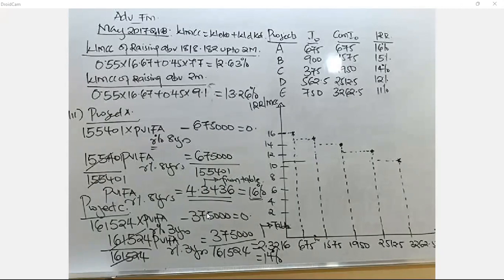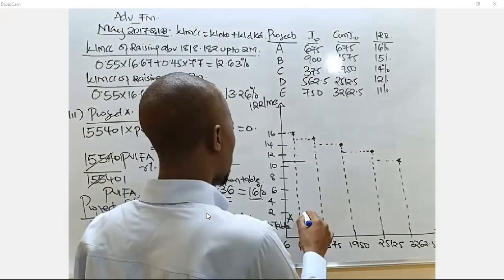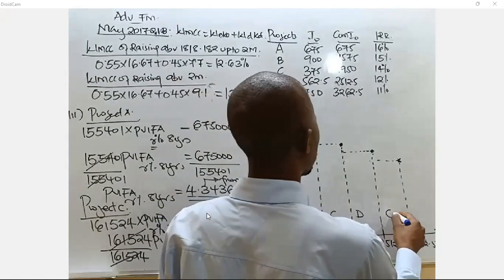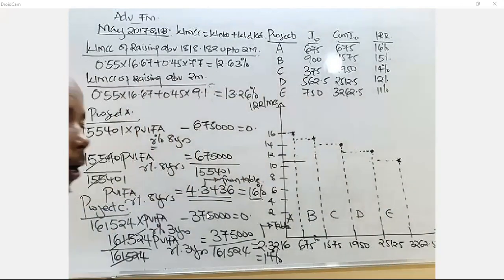Then from there, the WMCC of raising the other one up to 1.8 is 11.99. I was not able to write the projects, so we have A, B, C, D, and E. Sorry. So the other one was able to go up to the WMCC of raising up to 1.8, which was coming to 11.99.